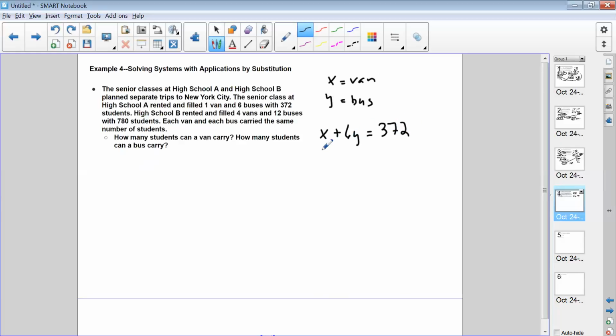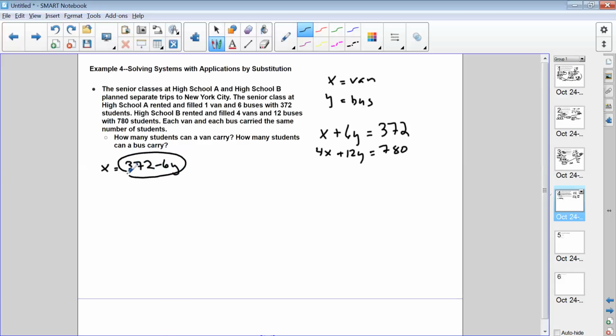The second high school had 4 vans plus 12 buses, and that equaled 780. This top equation here is the right candidate for solving for substitution, because I'm going to solve for x because x has a coefficient of 1. So x would equal 372 take away 6y.